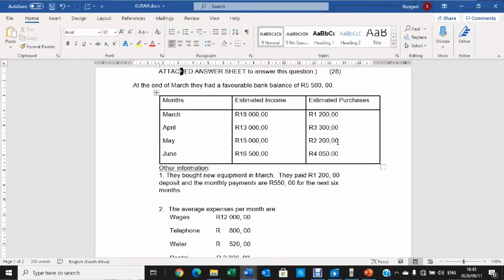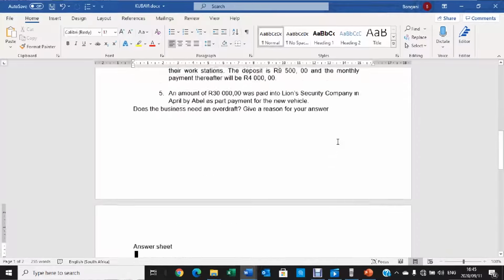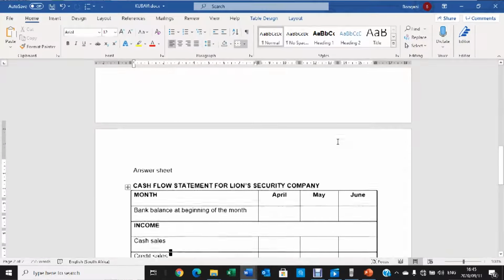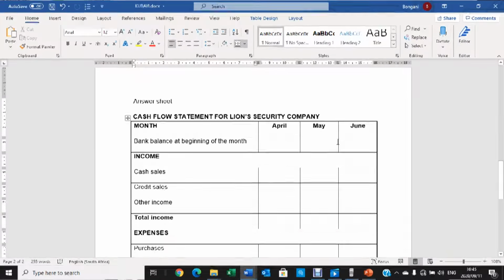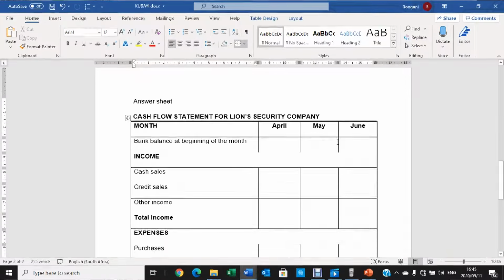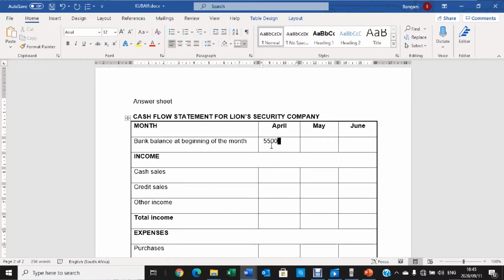So we take the 5,500 and it becomes our balance at the beginning of the month, and we record it under the month of April.